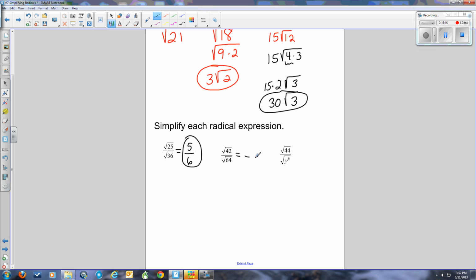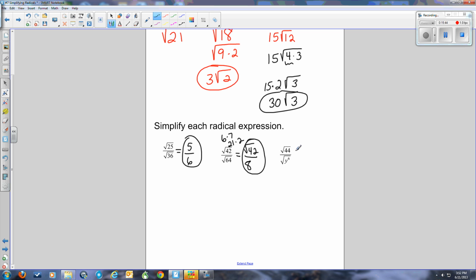Well, the square root of 64 is 8. Square root of 42, we really can't break that down into anything where we can take a square root. 42 is 6 times 7. It's also 21 times 2. And we really can't take the square root of anything there, so it's going to have to stay the square root of 42 over 8.